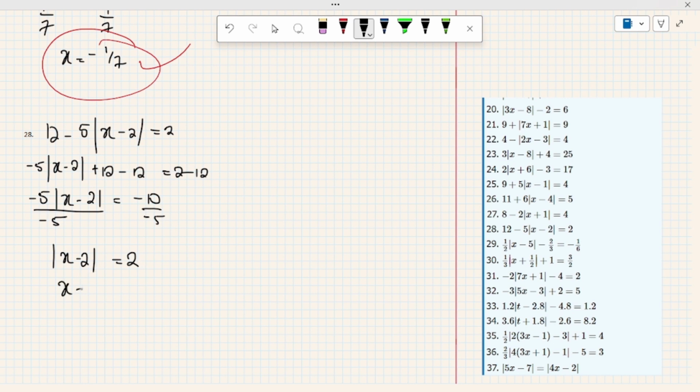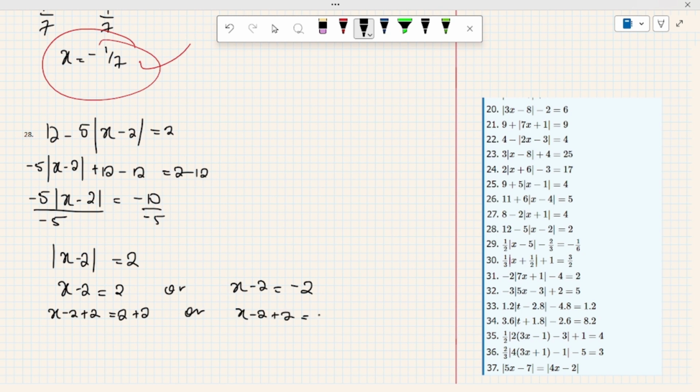Right, so how do you go about this? You just say x minus 2 equals 2, or x minus 2 equals negative 2. So it's x minus 2 plus 2, because you're trying to get rid of this 2 so that you group the like terms together, equals 2 plus 2, or negative 2 plus 2.